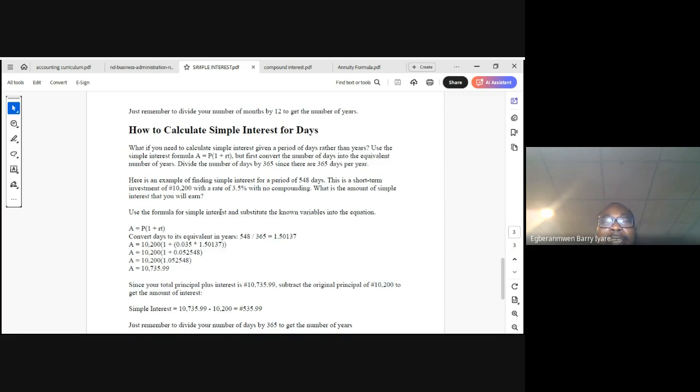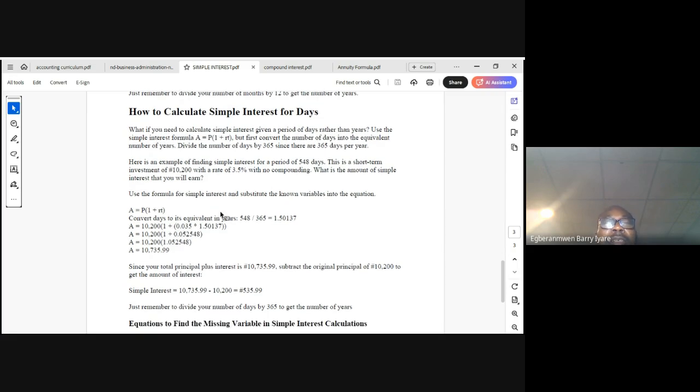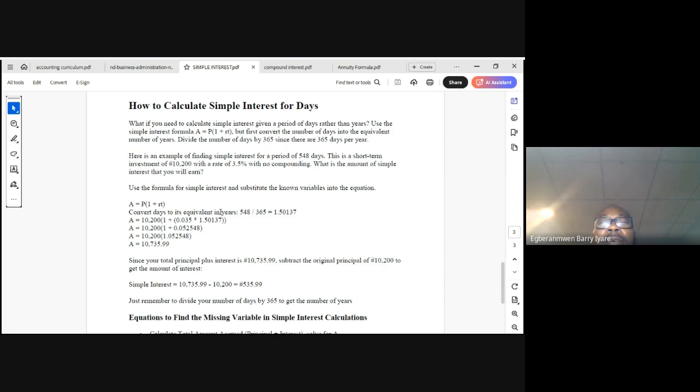So let's take an example too. Here, we have to find simple interest for a period of 548 days. Short-term loan, investment of 10,200 with a rate of 3.5%. What is the amount of simple interest that you will earn?